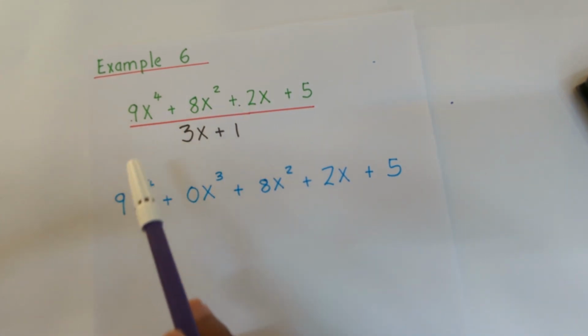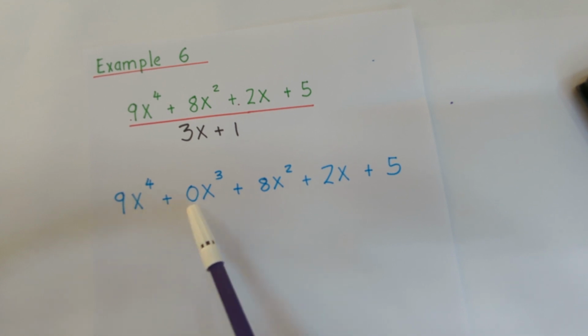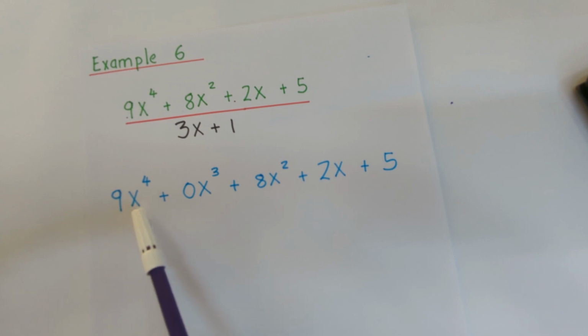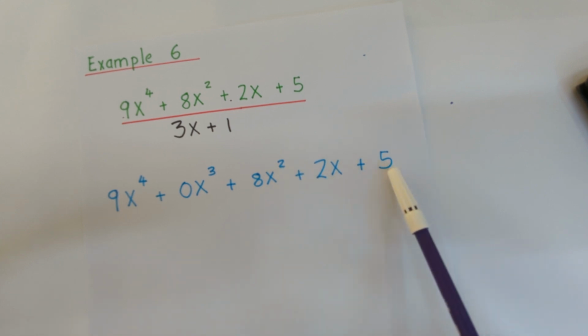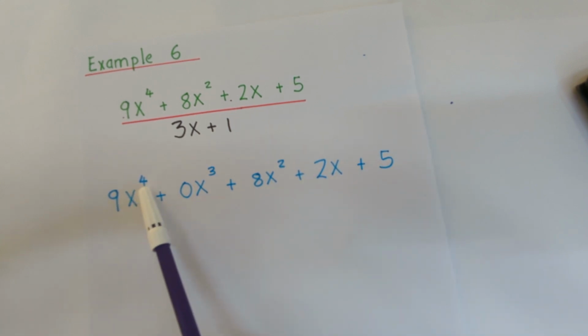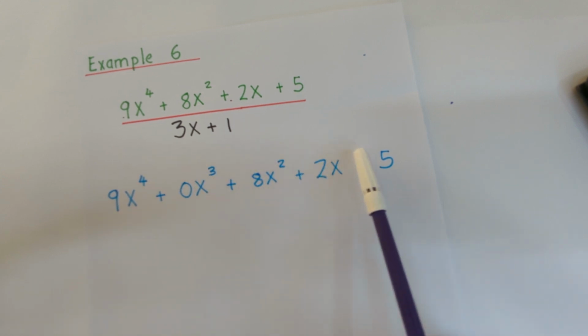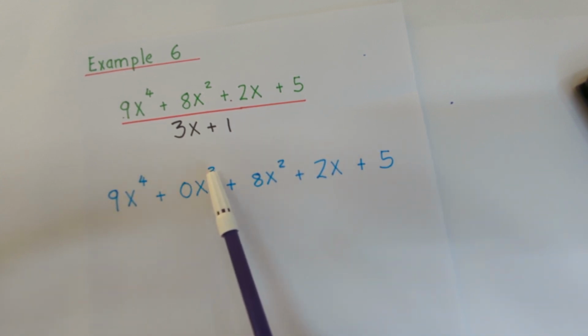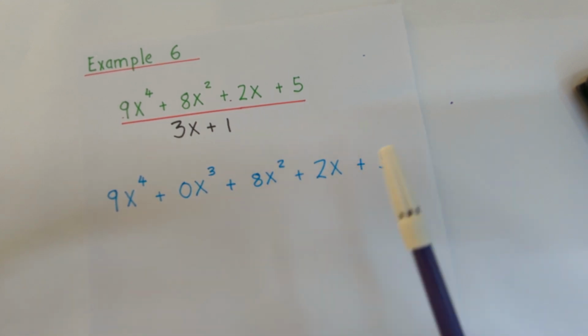So we need to rewrite our dividend with an additional 0x to the power of 3. Now we have 9x to the power of 4 plus 0x cubed plus 8x squared plus 2x plus 5. Now our exponents are in descending order and decreasing by 1, from 4 to 3 to 2 to 1 and lastly to 0.